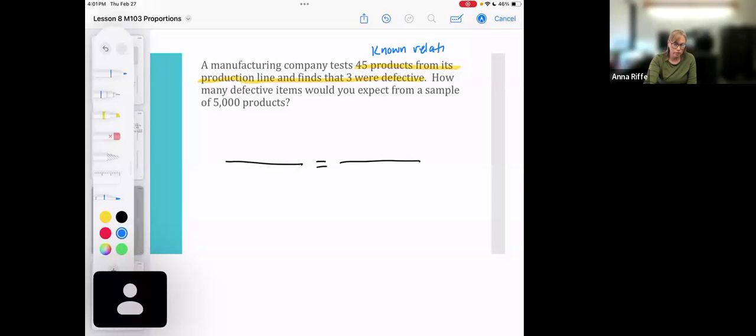It won't always be in that first sentence, but here it is. So it looks like our variables are the number of products produced and the number that were defective. You don't have to do this, but I like to make notes here.